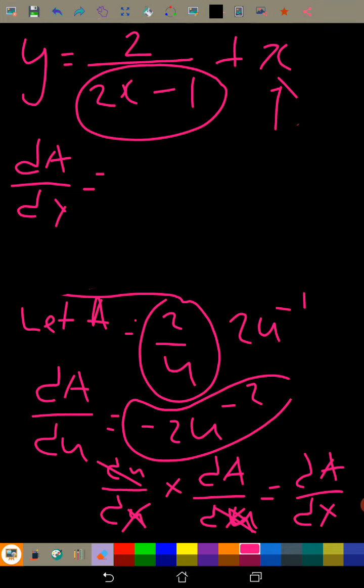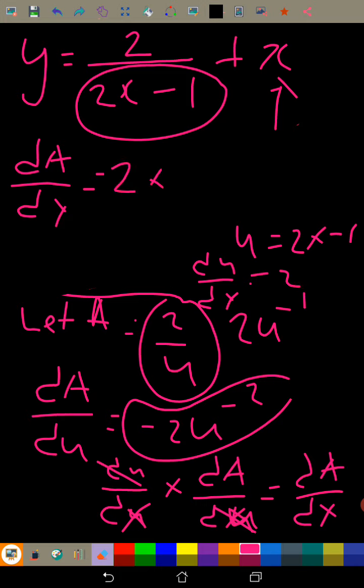So we say u is equal to 2x plus 1. Remember, du by dx was 2. So 2 times dA by du, which is minus 2 over u squared, gives us minus 4 over u squared.